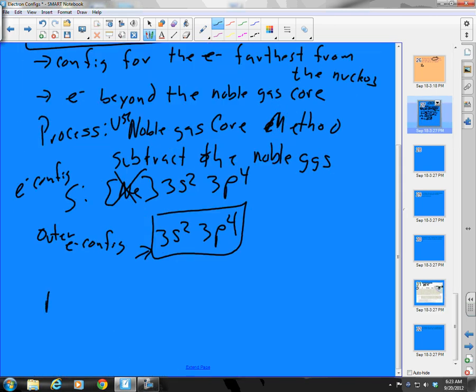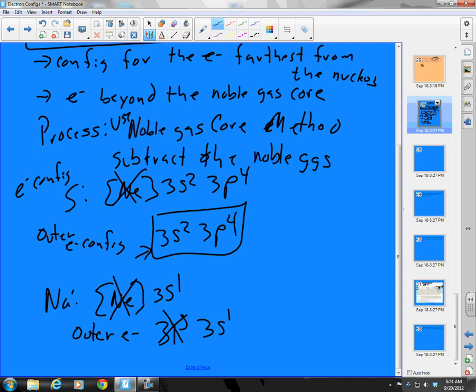For sodium, I have neon 3s1. So what's my outer electron configuration? I get rid of the neon, and so it would be just 3s1 for sodium.